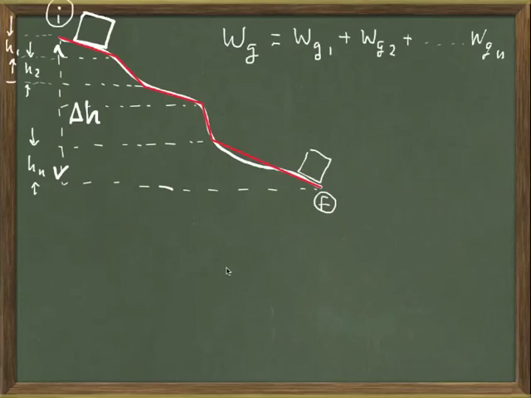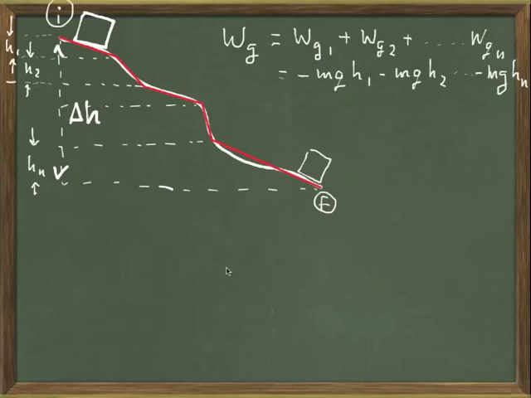What I can do is add the work done by gravity in the first slide plus the work done by gravity in the second part of the path plus the work done by gravity in the third part of the path, and so forth. And this is what you will get: minus mg h1, where h1 is the height of the first slide, minus mg h2, the height of the second slide, and so forth, as many slides as I have here.